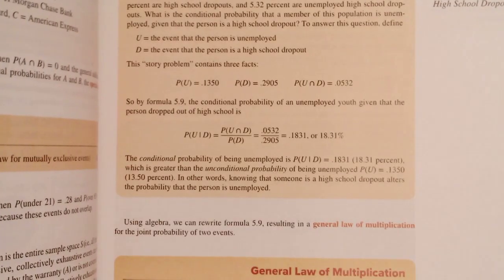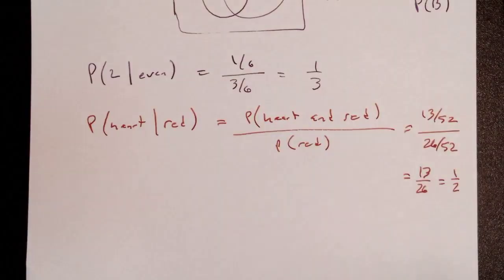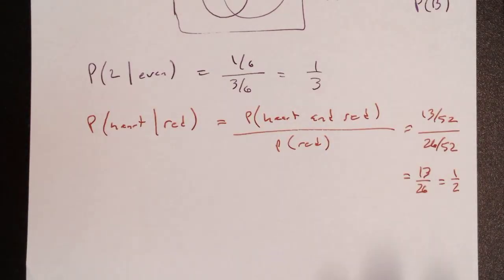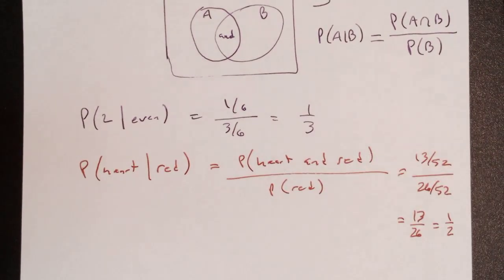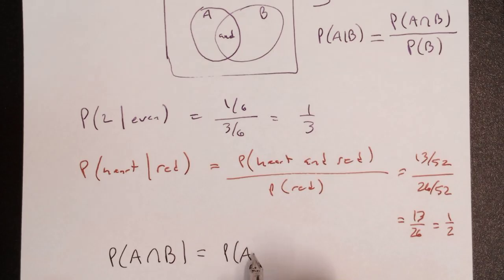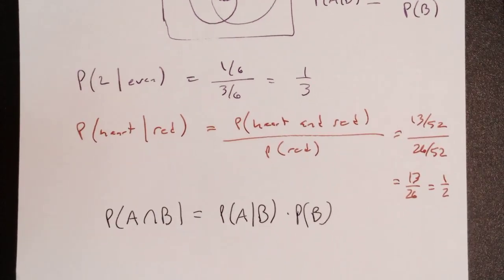I can also use this to rearrange. Because I have this formulaically up here, I can actually rearrange and write that the probability of A and B is the probability of A given B times the probability of B. That is an important distinction.